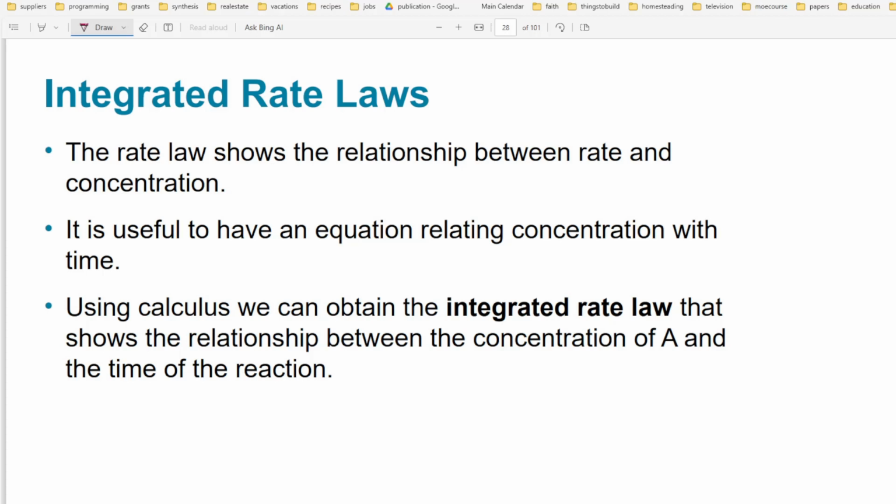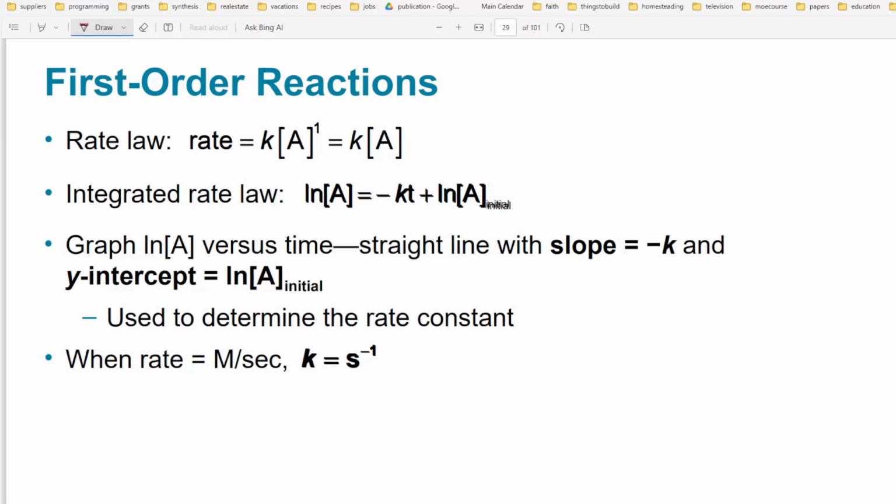Since calculus is not a prerequisite for this course, I won't do the derivation here. However, you can reference the text if you're interested in that derivation. Next, we will look at the integrated rate laws for the first, second, and zero order rate equations.